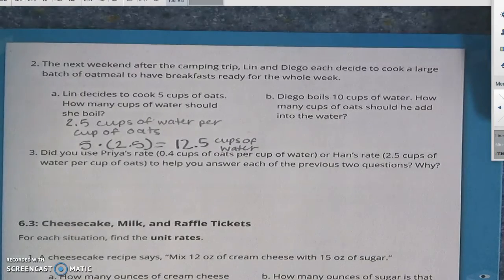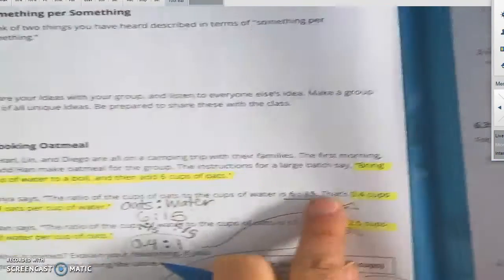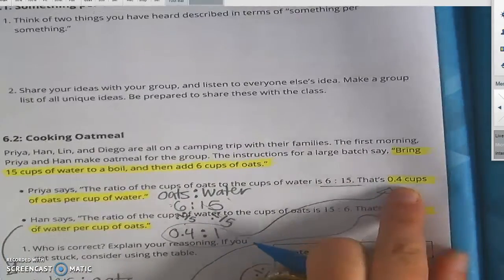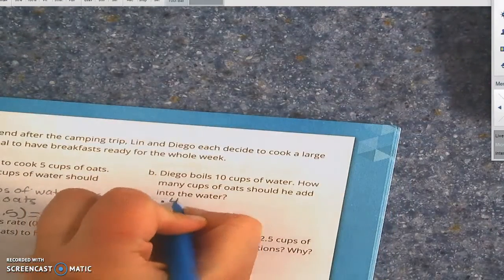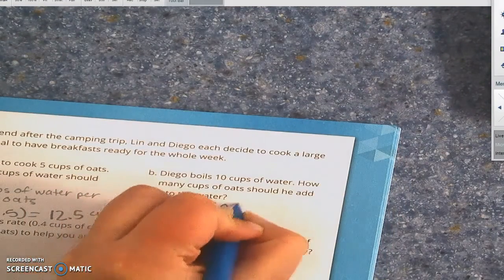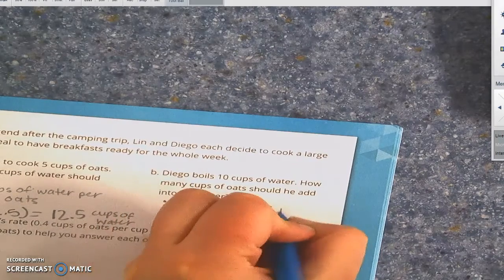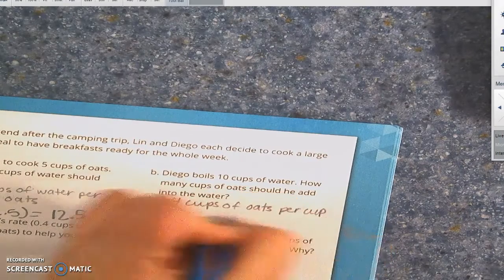So then for Diego, it tells us how many cups of water. So here I'm going to use my other unit rate: 4/10 of a cup of oats per cup of water, 0.4 cups of oats per cup of water.